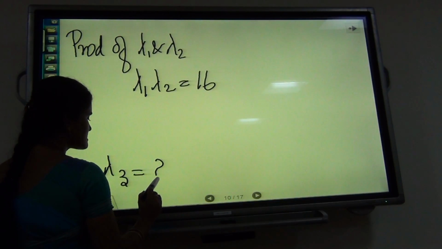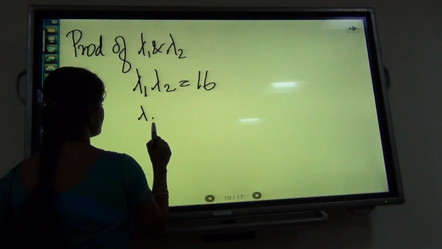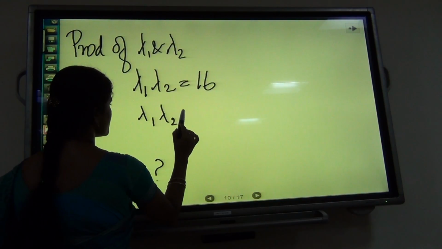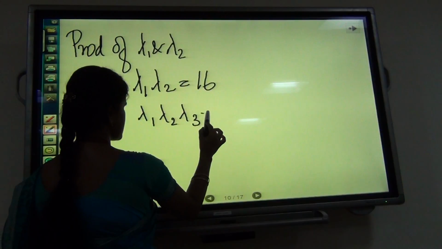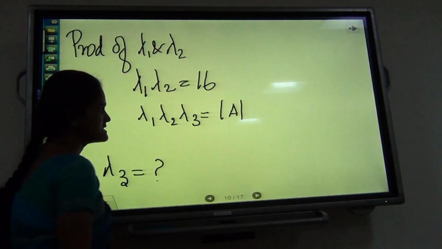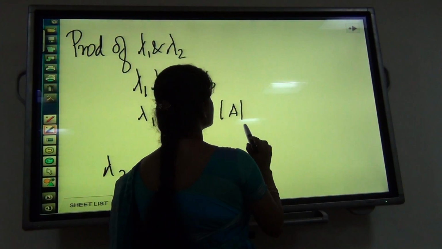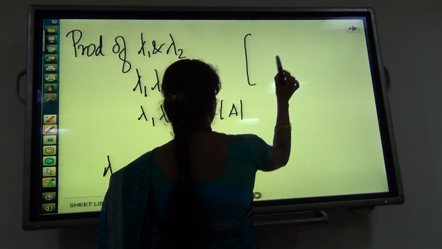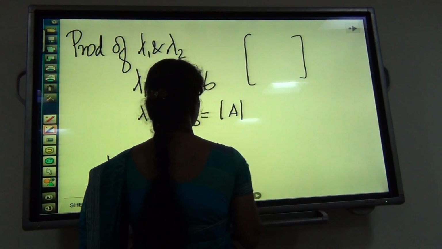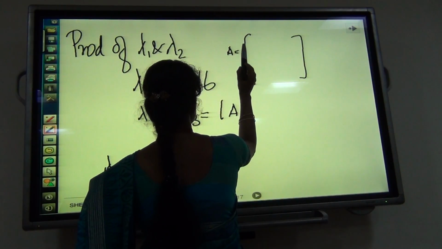How are we going to get it? The product of the eigenvalues, lambda 1, lambda 2, lambda 3, is equal to the determinant of A. This is by the properties of eigenvalues and eigenvectors. So let us find the determinant of A from the matrix. Let us write what matrix A is.